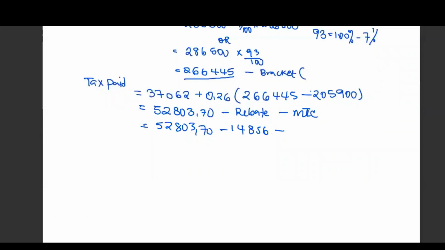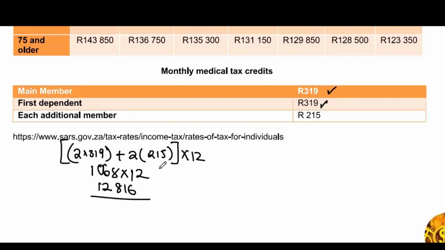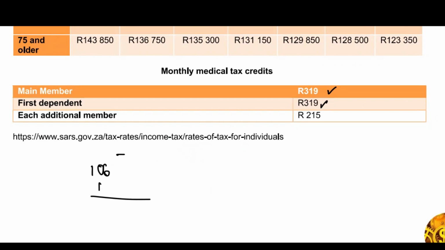The medical credits. We're going to look at how many people we have. We said there are 3. Two people will share the same amount, and the last one will take one amount. Remember how we did this? Don't forget, we need to multiply it by 12.